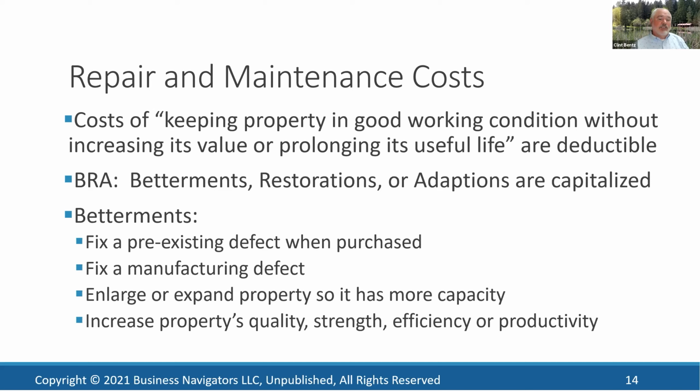Or if you rebuild it and improve its quality, strength, efficiency, or productivity, so you're not putting it back to its old state, you're putting it into a new state, then that is a betterment. Any one of those four things is not considered a repair. It needs to be capitalized.